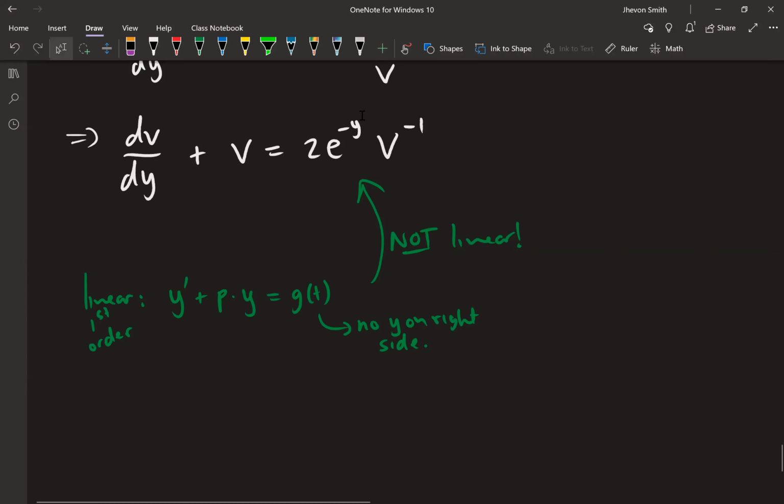It's not homogeneous, because if I replace the y with a constant times y in the power of e, I'm not going to get the original back.